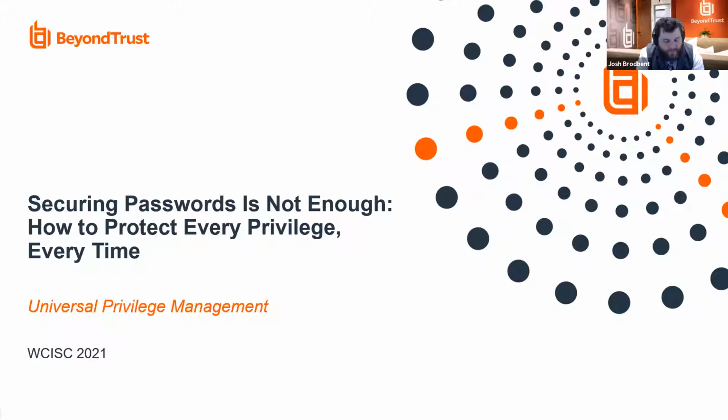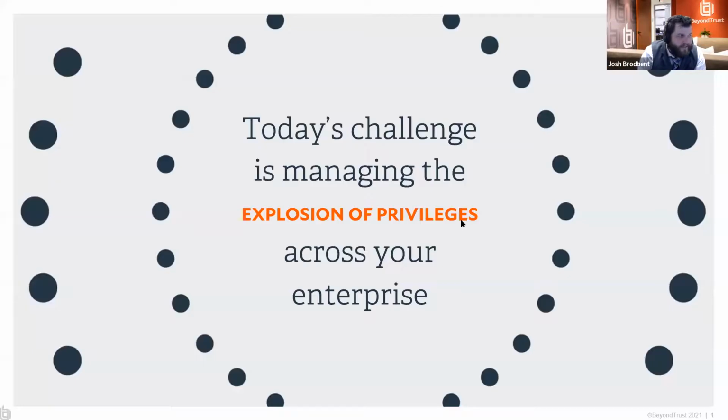We're going to talk about various aspects that are going on in the cybersecurity world today, and ways that we can manage the explosion of privileges that are going on all around our enterprises, right? So we have not just privileges with users, but we're having privileges with non-human accounts, IoT devices, all sorts of things that we need to be able to secure.